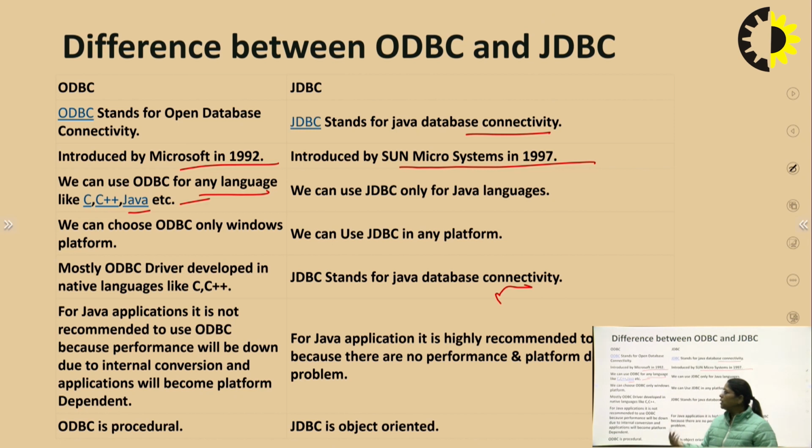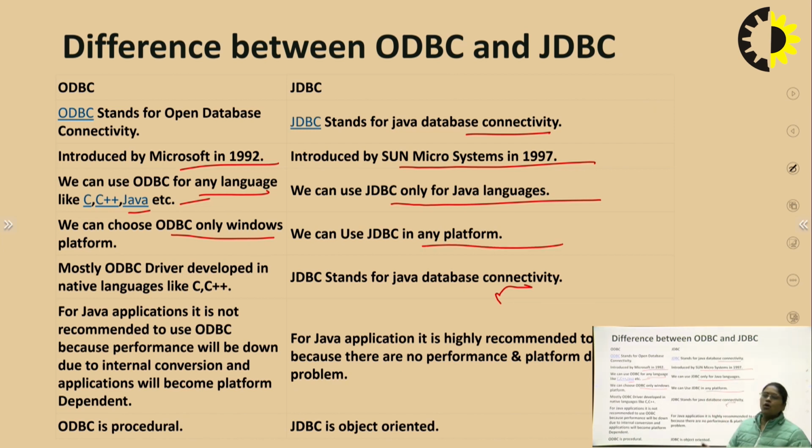Next, ODBC is written in C, C++. It supports C, C++ or Java, while JDBC only supports the Java language. Next, we can choose ODBC only for the Windows platform. This is one of the restrictions with ODBC. That's why there is a need for another API. In JDBC, we can choose any platform.